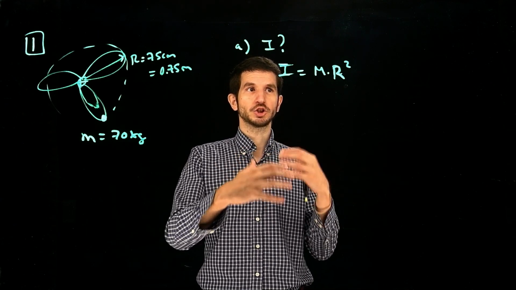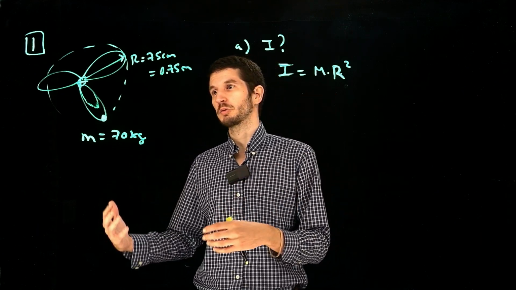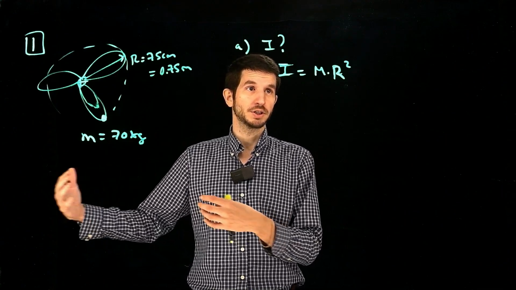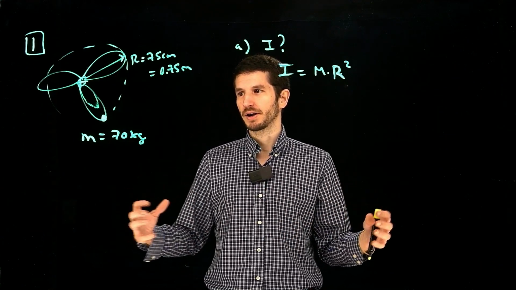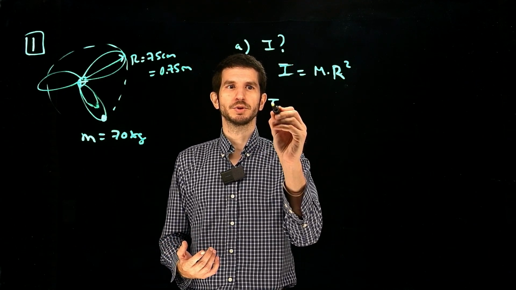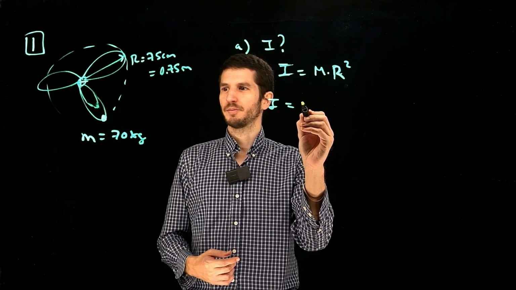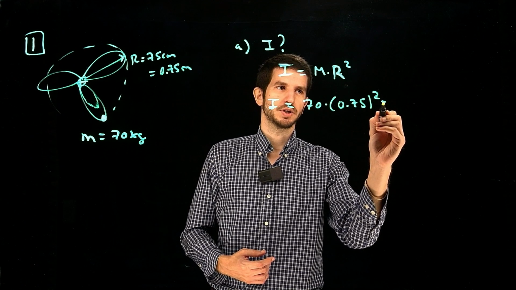So rotational inertia has these two components, the one which is proper to the object, which is mass, what we call translational inertia, but also a component that is geometrical, how far the mass is from the axis of rotation. Anyway, we're going to use that number, and so we can just simply say that inertia is equal to the mass of this object, which is 70 kilograms, times 0.75 squared.